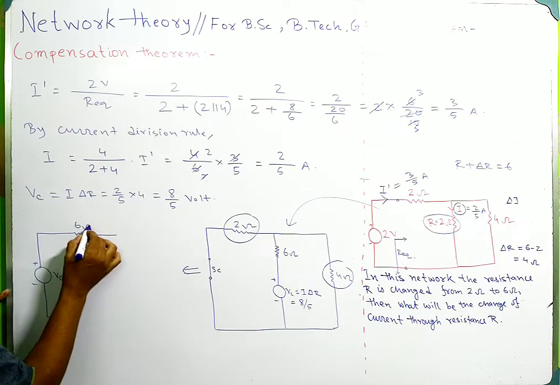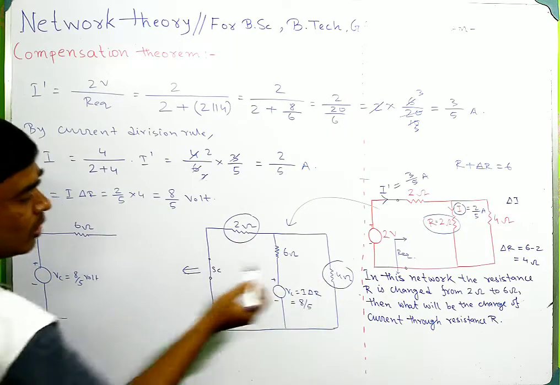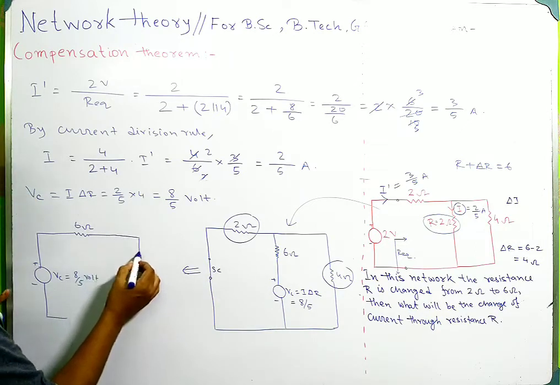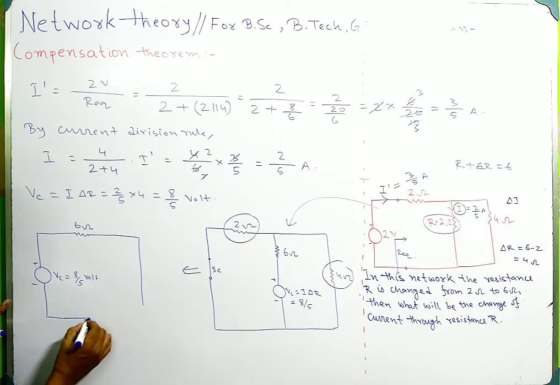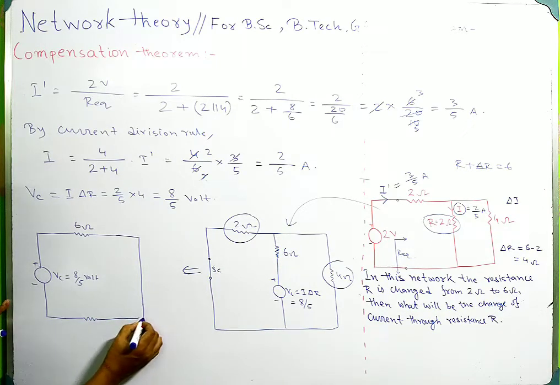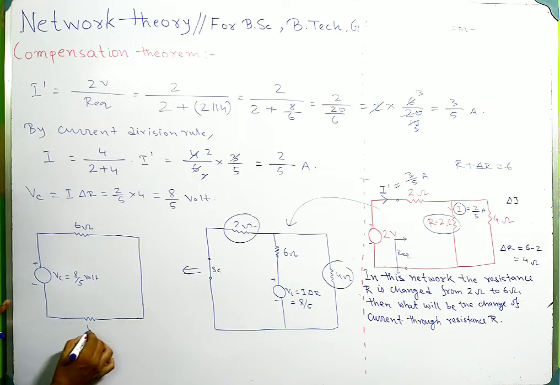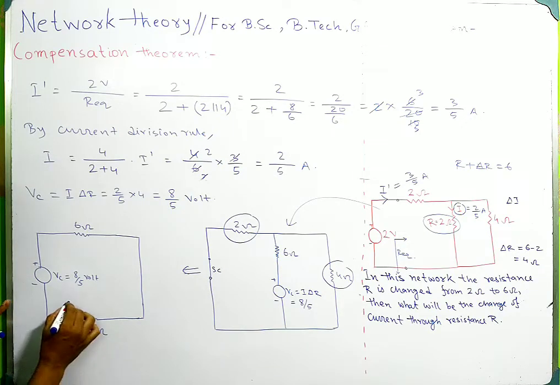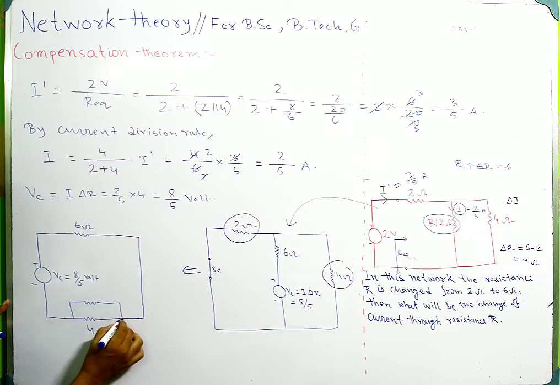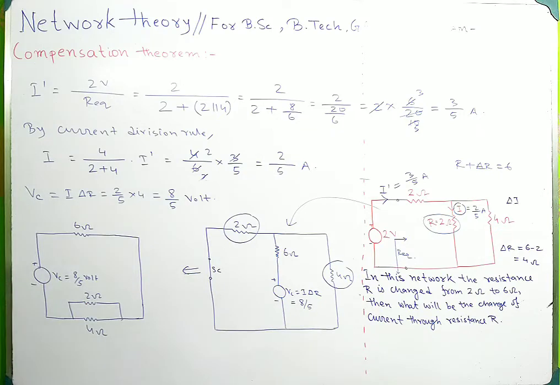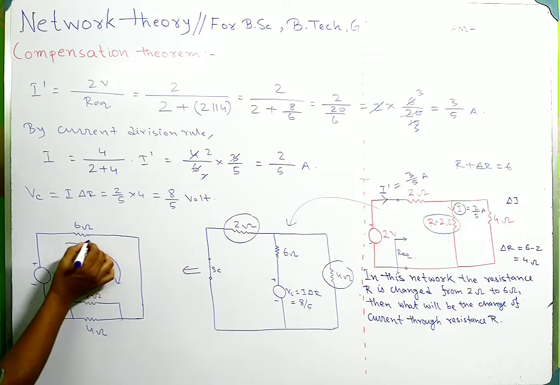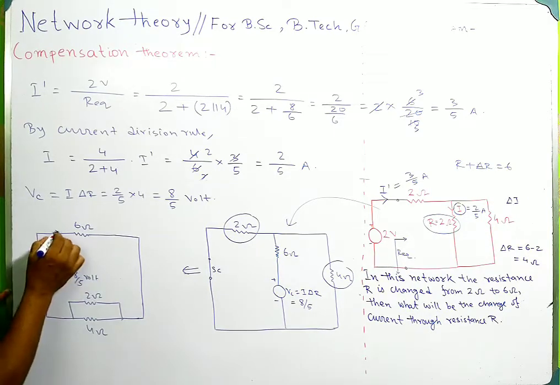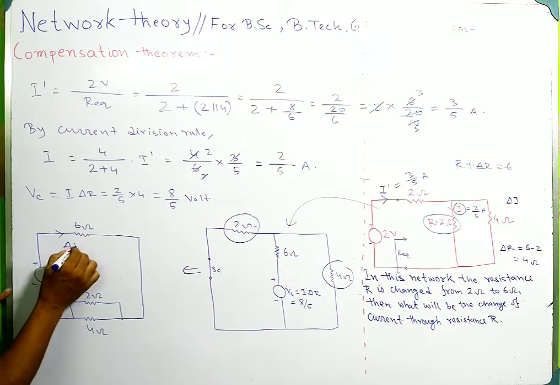Now these two resistances are in parallel, so it can be redrawn as this is 4 ohms, and this is 2 ohms. This is the change in current, del I.